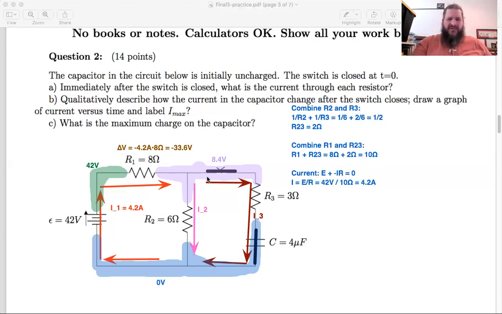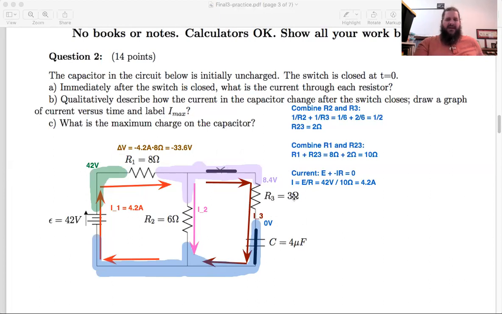And now that we know the voltage everywhere, we can use that to figure out the currents as well. Because we know, for instance, that let's say resistor 3 is a jump from 8.4 volts to 0 volts. So subtract final minus initial to find the delta voltage. And then, as usual, delta V equals negative IR. So divide by resistance to get the current. 8.4 is the difference.